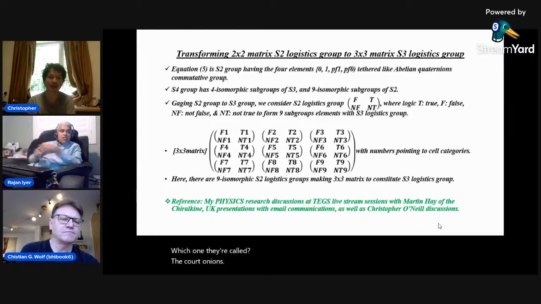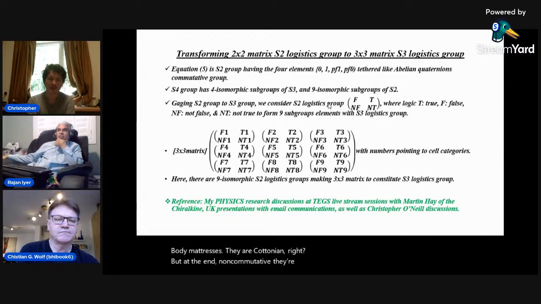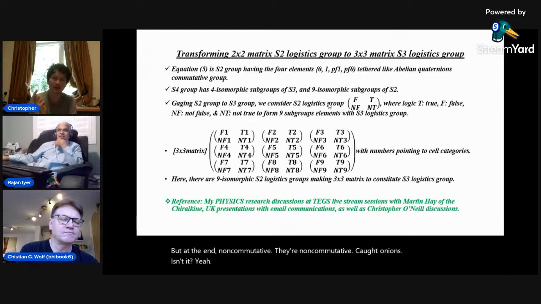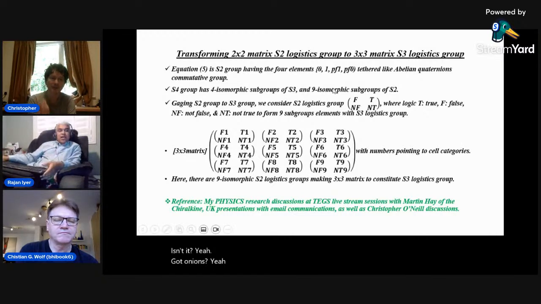How can there be a connection there? If one is polymatrices, they are quaternions, right? But they are non-commutative. Polymatrices non-commutative, quaternions non-commutative. But they are still S2 group. S2 is commutative, so there can't be a link between the two.